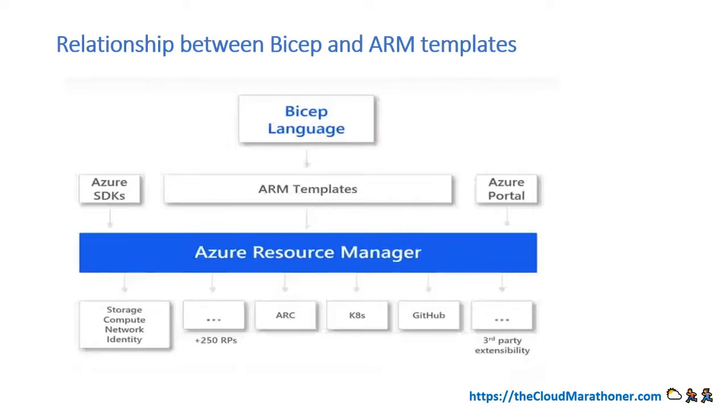However, the Bicep language is an abstraction on top of it, as you see here on the picture, right? It's an abstraction on top of ARM templates that basically passes in this simple to understand declaration of Azure resources and their relationships, so that it can get compiled into ARM templates, which is, again, JSON code. Then that gets applied to the Azure Resource Manager.